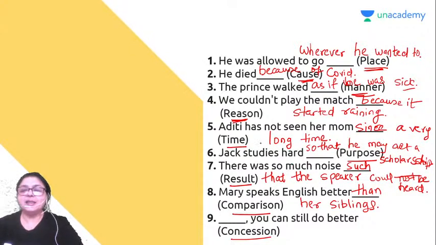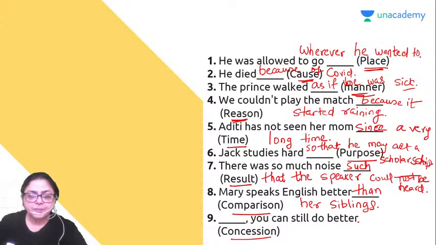Dash, you can still do better. Now, that is a condition. Yes. Now, what can be the condition? You can still do better. So, what can be the condition? Here I can put although also and I can put though also.